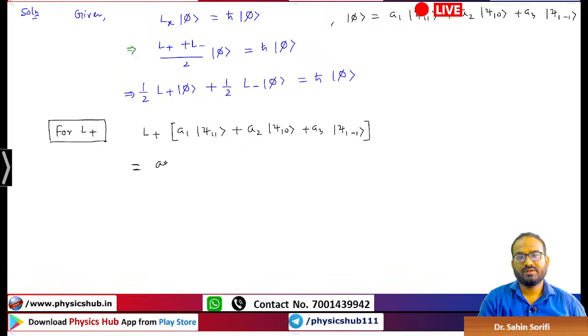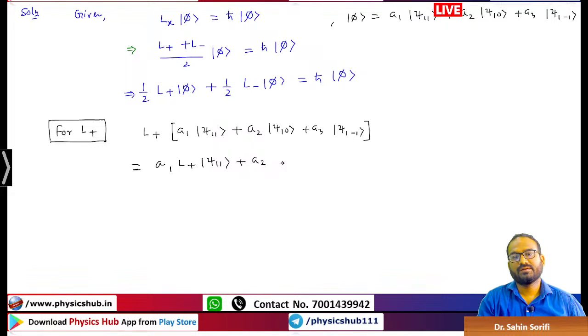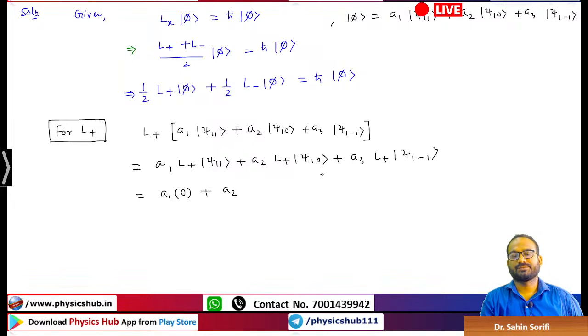So a1 times L plus psi 1 1, and a2 times, I am just writing another line to make it clear for you. So the first term will be 0. What about the second term? L plus psi 1 0.